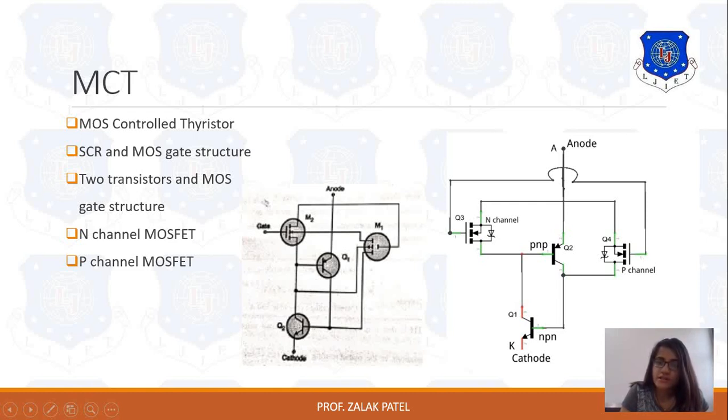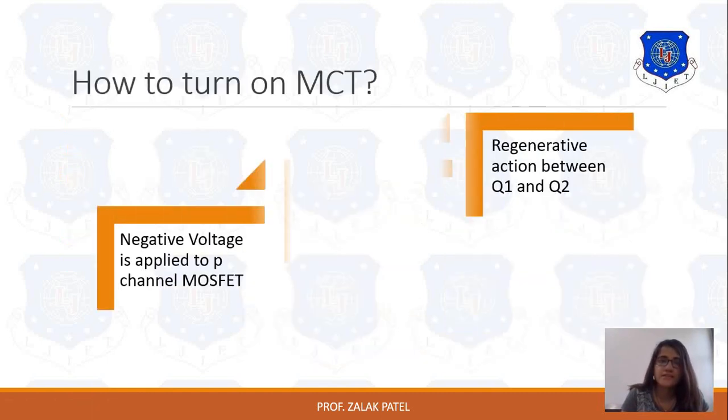M2's current is applied to Q1, which is a PNP transistor, and the current is diverted away from it, and because of that regeneration between Q1 and Q2 will stop and the MCT will turn off.